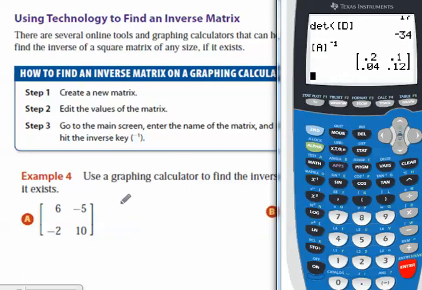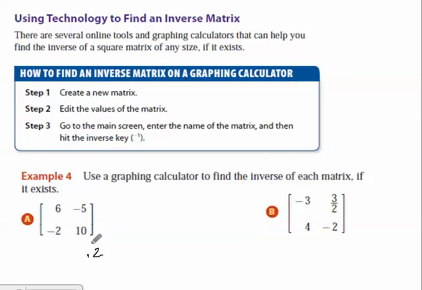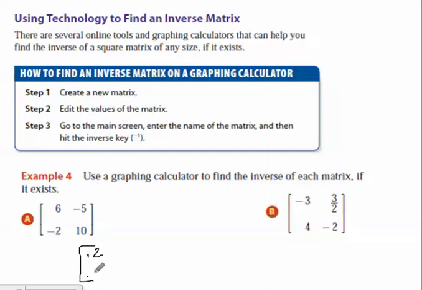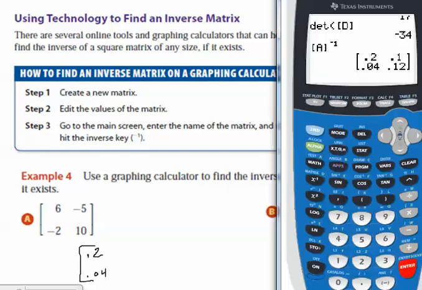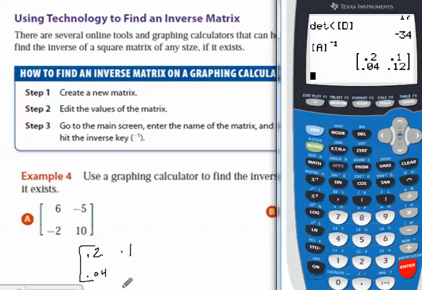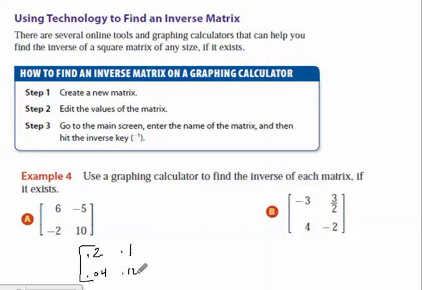The inverse function of this one is going to be 0.2, 0.04, 0.1, and 0.12. Okay? That is the inverse of this one. Calculator does that for you. Follow these instructions right here.